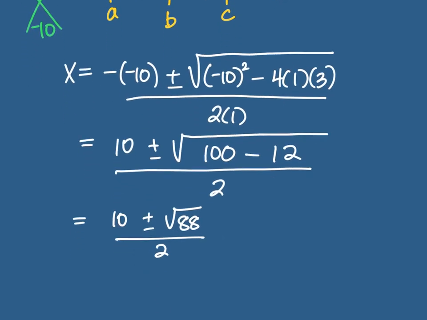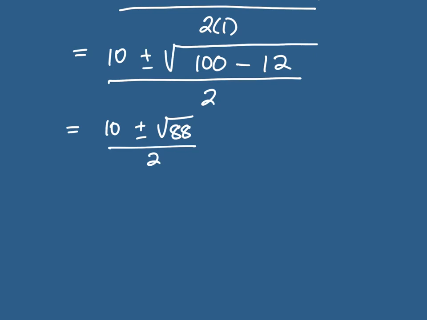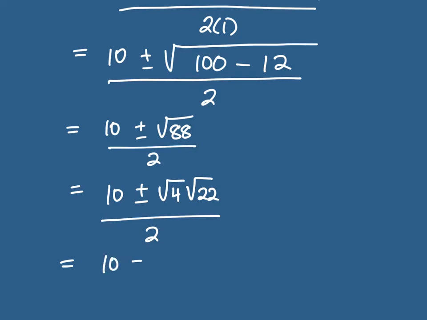But 88 does have partial square roots in it that are perfect squares. And so you'd want to simplify 88 into the square root of 4 and the square root of 22. So 4 times 22 is 88. That would simplify into 10 plus or minus 2 with a rad 22 all over 2.